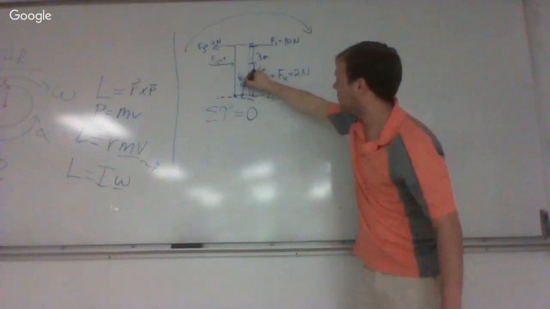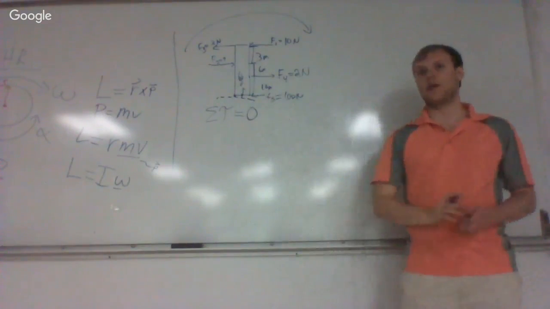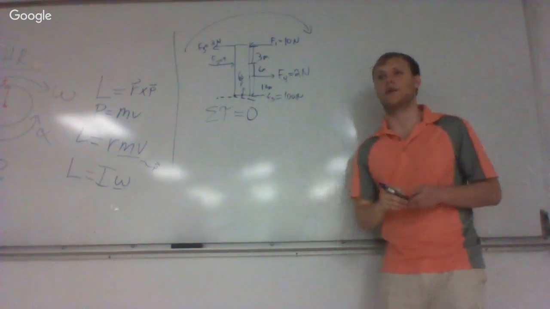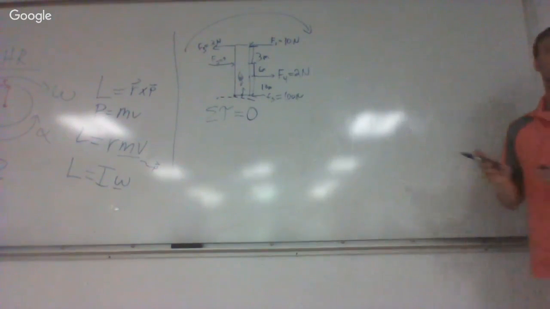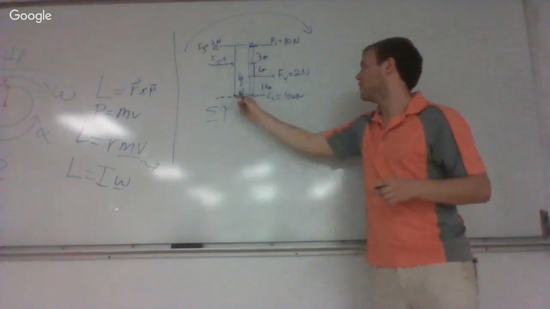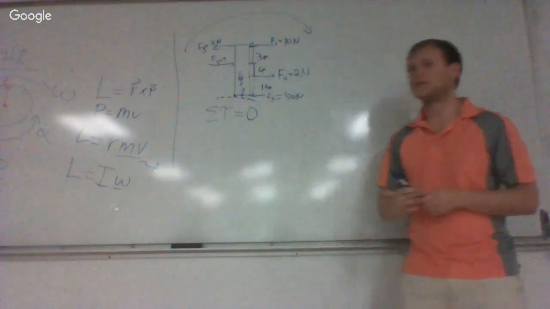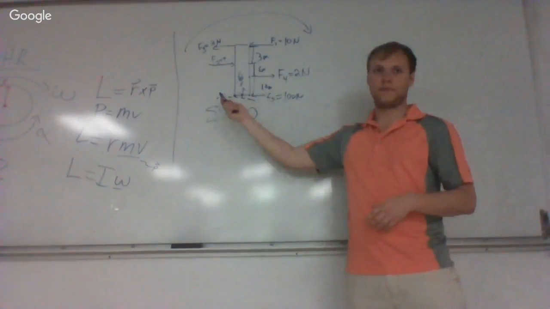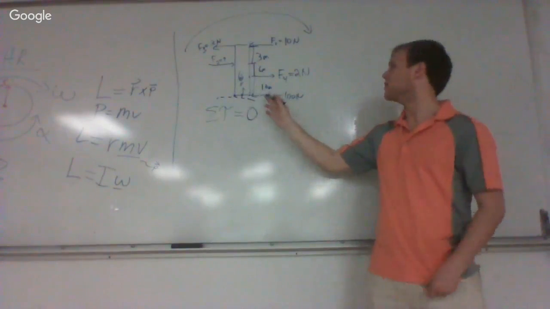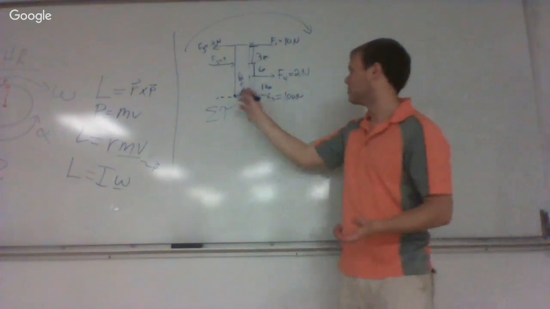It's technically on the ground. So we have a normal force and a gravitational force. If we pick the bottom right, how many forces are we dealing with? 1, 2, 3, 4, 5, 6. But the frictional force is gone. And what happens when we pick the bottom left? How many forces? 6. The frictional force is still gone because there is no perpendicular distance between the frictional force and this point.